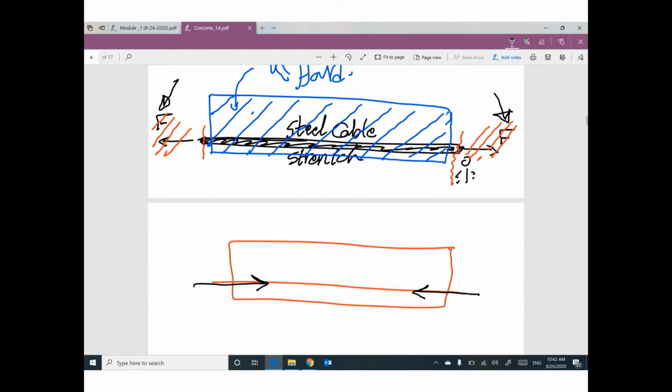But we have a bond between concrete and the cable, so concrete will not allow the cable to go back. So the cable will apply compression on concrete. Do you agree?